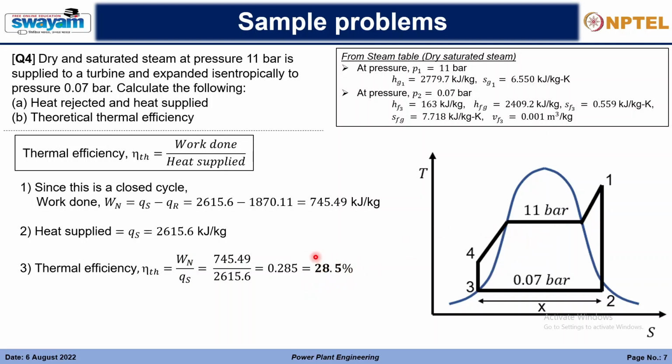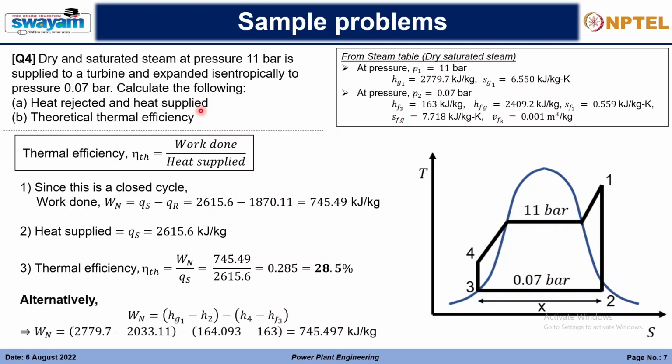But suppose the heat rejected and heat supplied were not asked to be calculated, then how would you go about directly calculating the thermal efficiency? So I will talk about that.